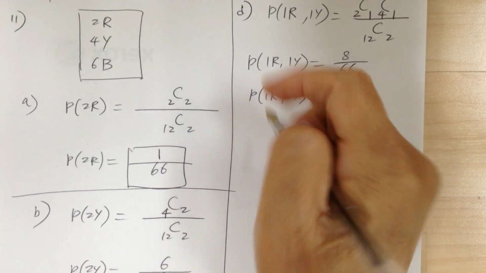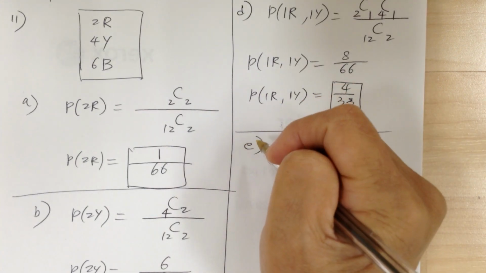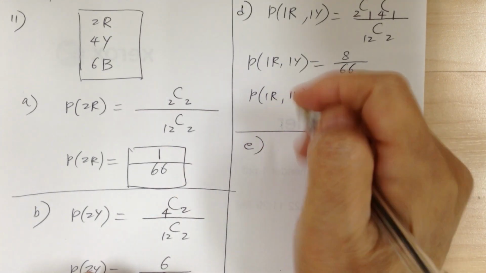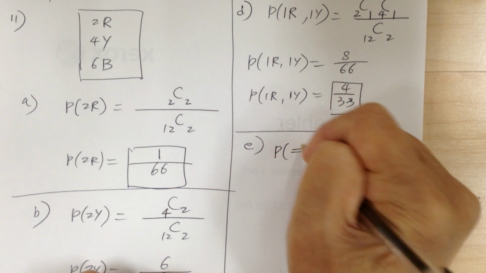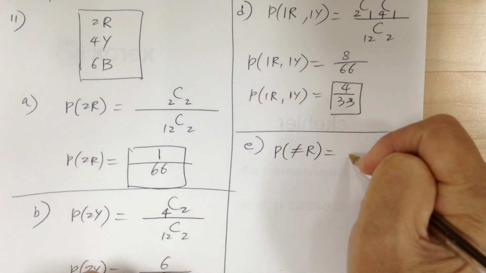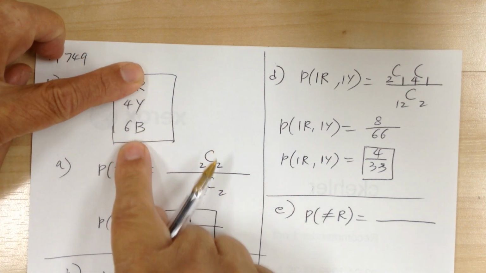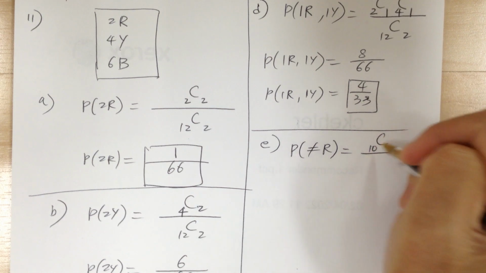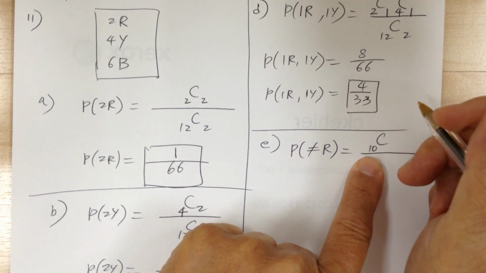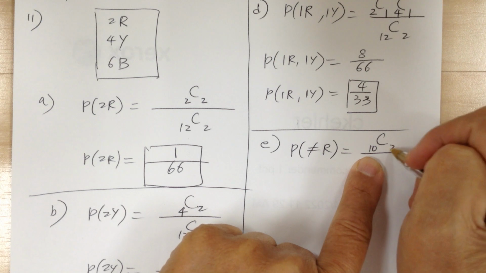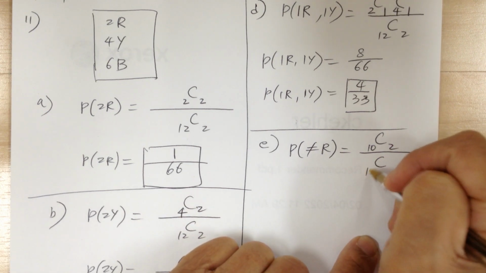Okay, let's go to E. Neither is red. So no red. So notice no red, that means you have to get either yellow or blue. So there are 10 of them. So there are 10 non-red, and you want to choose 2 over 12 choosing 2.